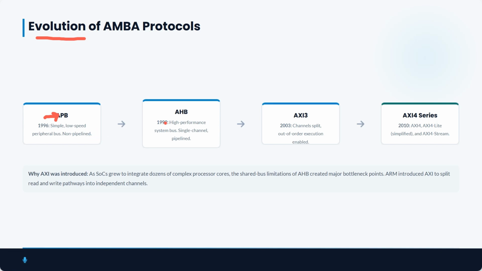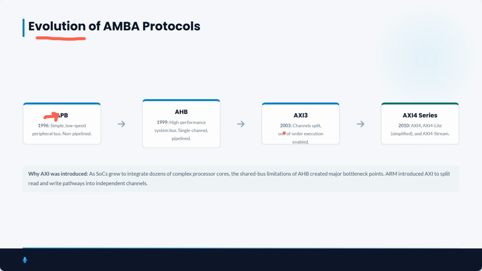Later in 1999, as processors got faster, APB became a bottleneck. Then ARM introduced AHB, which brought a shared system bus, single channel, pipelining and higher throughput for the internal memories. Later in 2003, AXI3 was released. As SoCs moved into multi-core designs, AHB hit a wall because AHB used a single shared bus for address and data, with slow read and slow write operations.